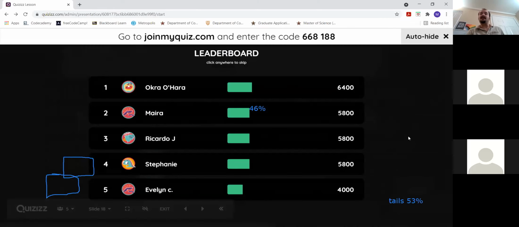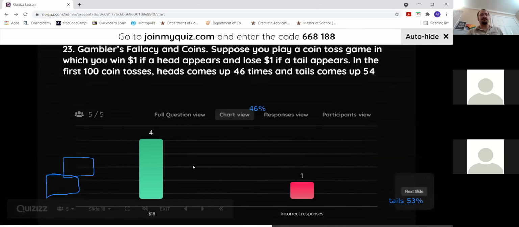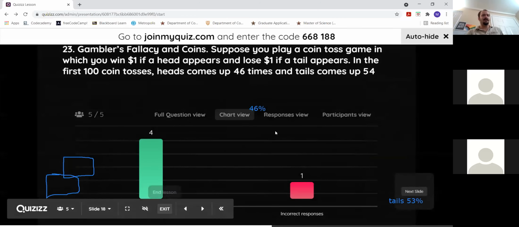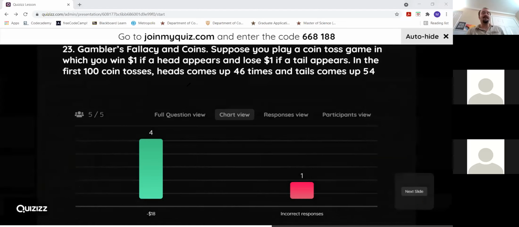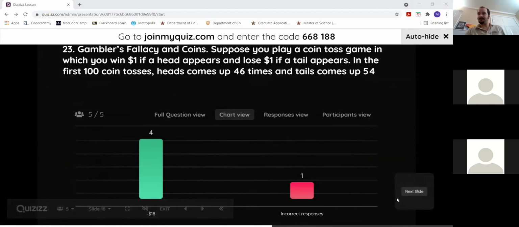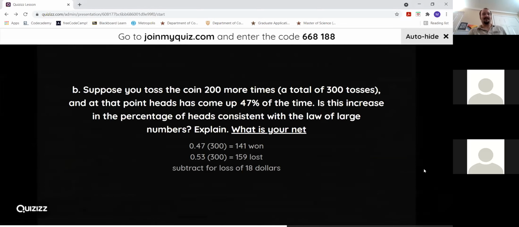But we lost $8, and now we're in the hole $18. So we're actually doing worse off financially overall. Proportionally, we got better, but financially, we still did worse. We're in the hole even worse now.